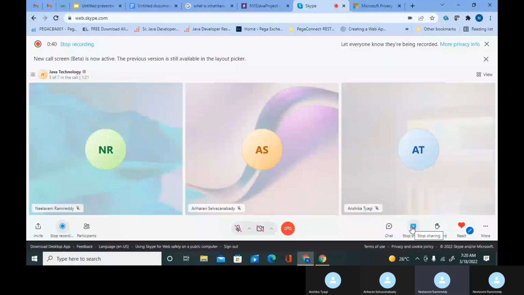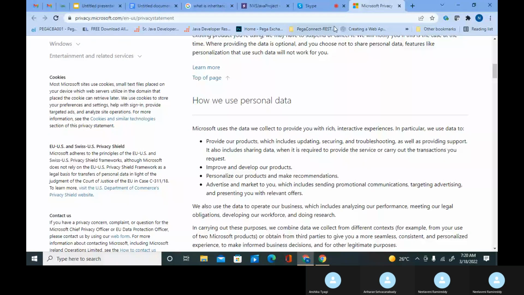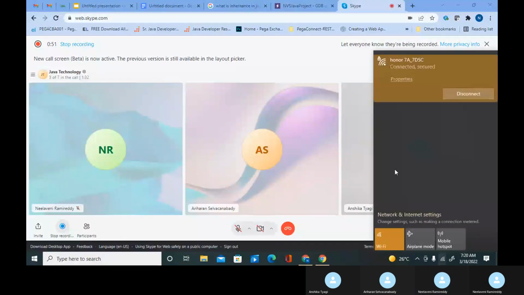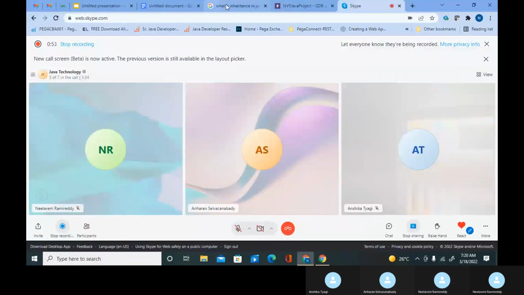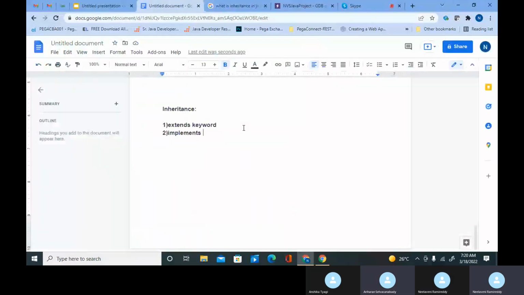Stop sharing. I created sharing. Yes, ma'am. It is visible now. Oh, slow internet. Yes, ma'am. It is visible. Okay, it's visible, right, for both? Yes, ma'am.